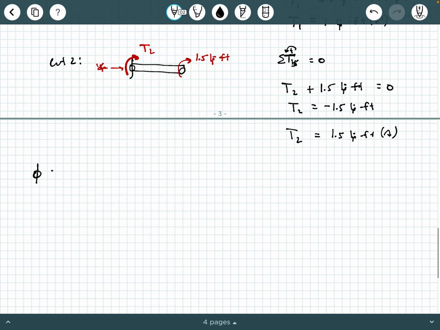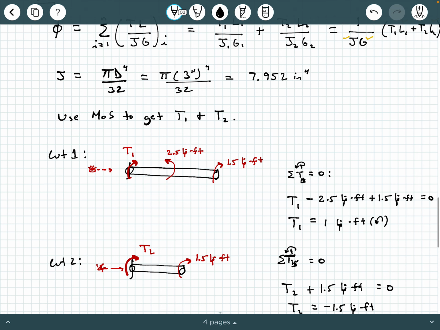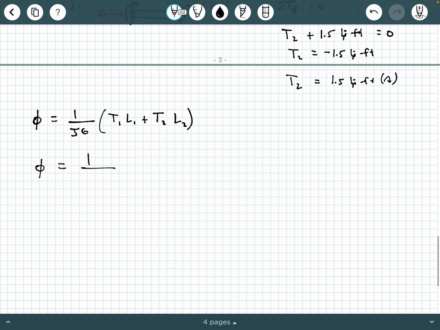Again, I'm going to rewrite our equation here. Phi is equal to 1 over JG times T1L1 plus T2L2. And so phi is going to be equal to 1 over, let's remind ourselves what was J, 7.952 inches to the fourth.